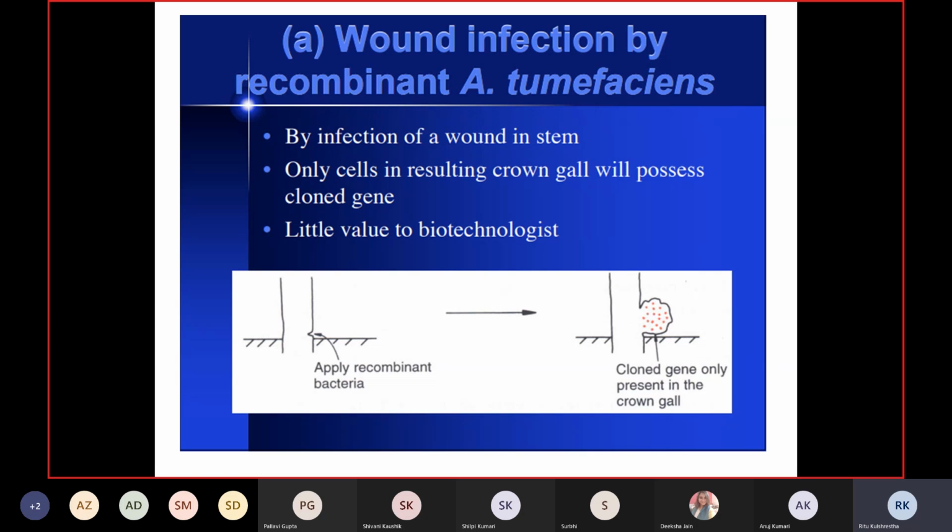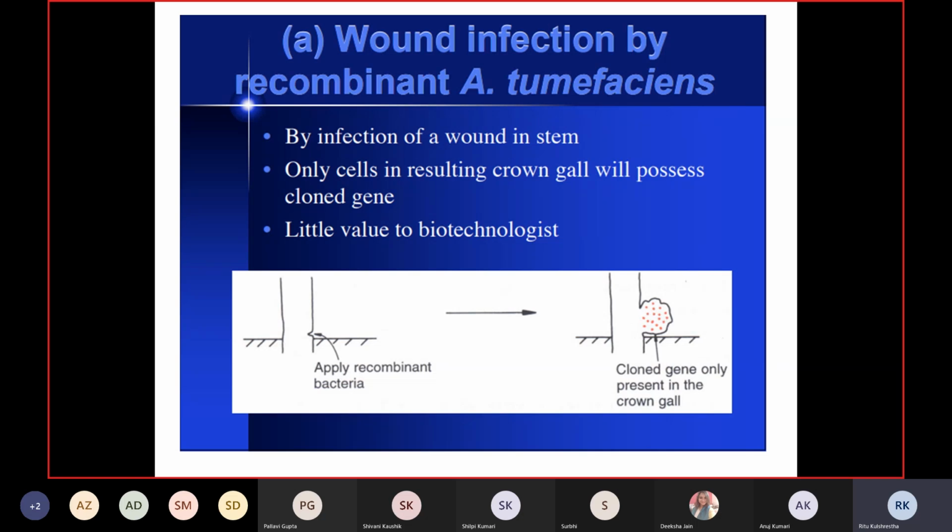My aim is to make a whole transgenic plant in which every cell of the plant has my gene of interest. Or it could be that in some case I want my gene of interest to be expressed only in the leaf. So how will I ensure that my gene of interest is expressed only in a particular part of the plant?